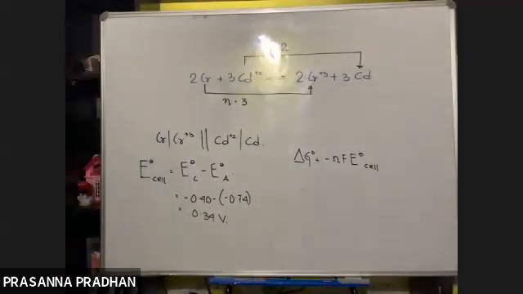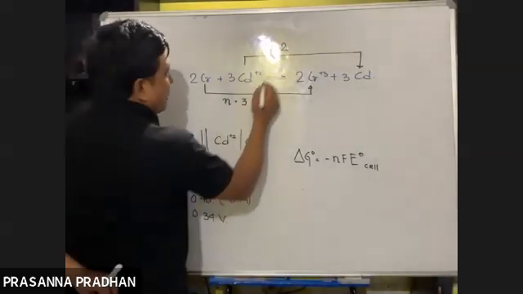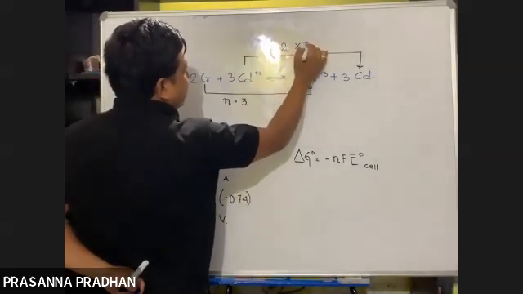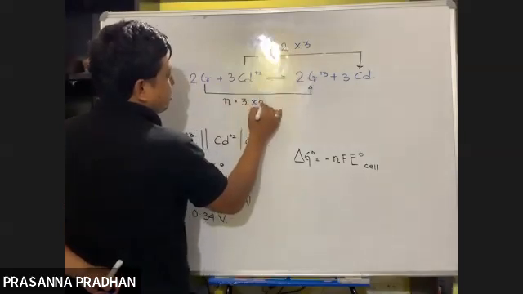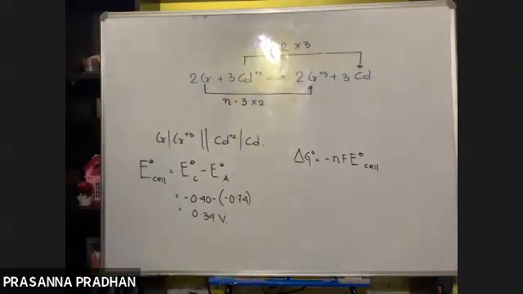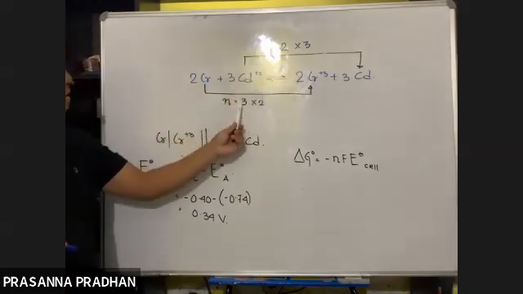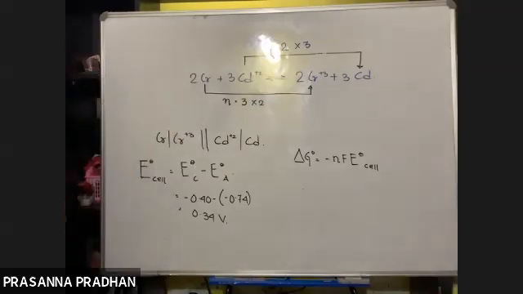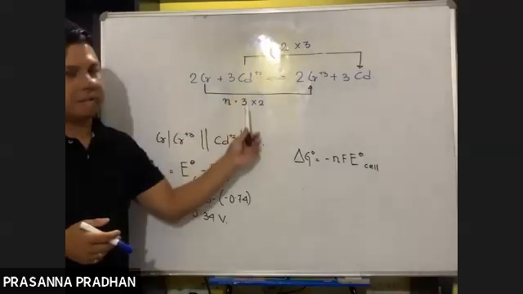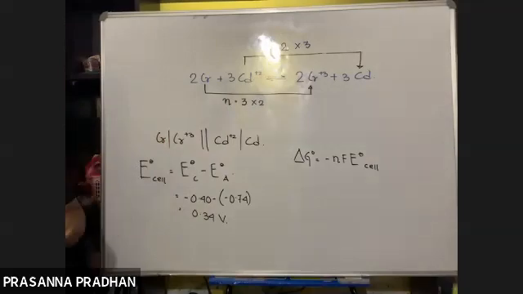I'll make this equal by multiplying this by 3 and this by 2. Now it becomes equal. 3 twos are 6. So during this redox reaction, the number of electrons involved is 6.